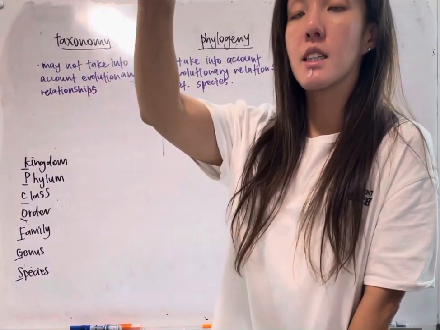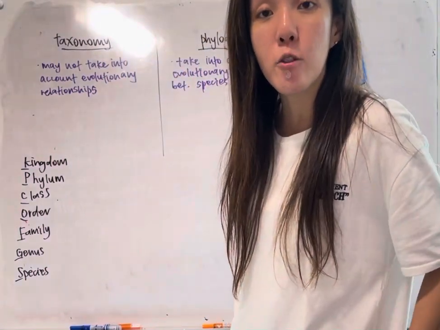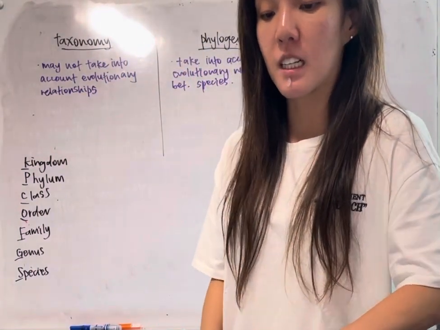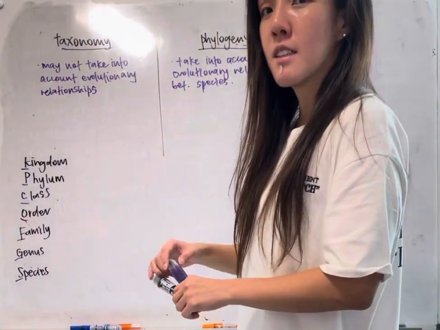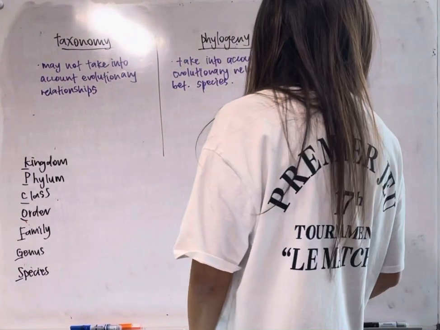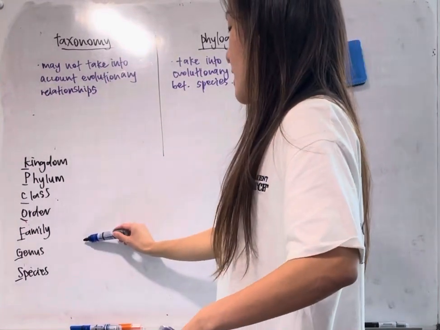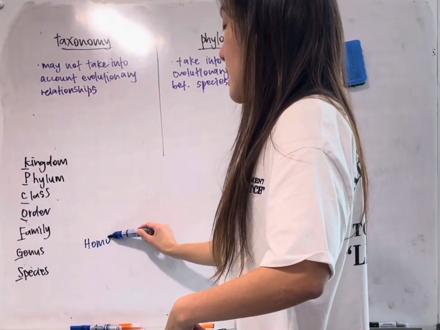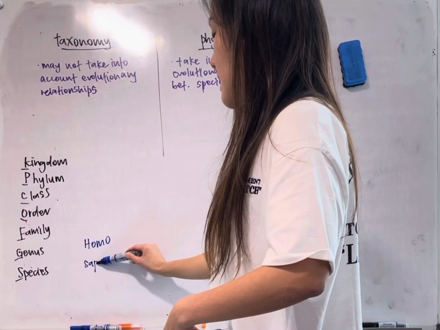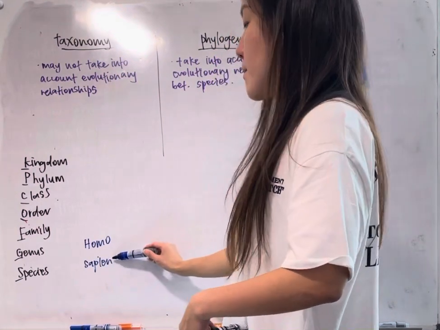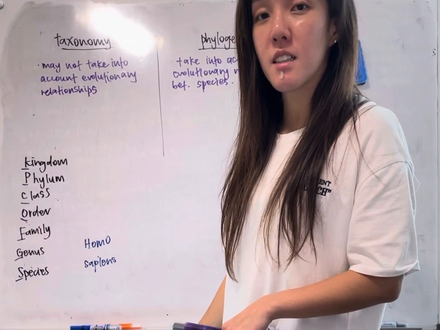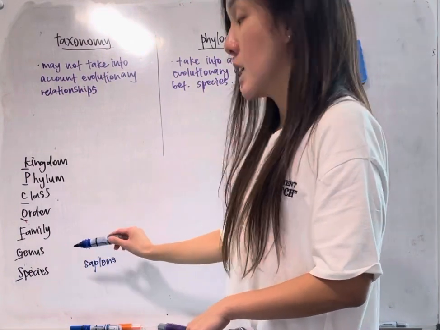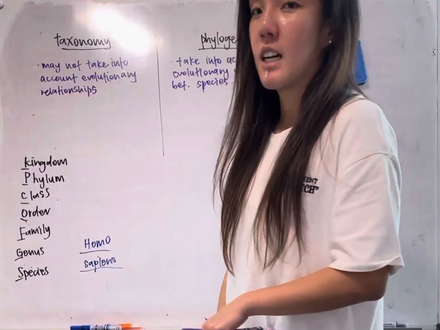You are a human, so you are expected to know your classification. Homo sapiens: Homo is the genus, and sapiens is your species name. But what am I missing? What did I say for genus? It must always be underlined. Understand?